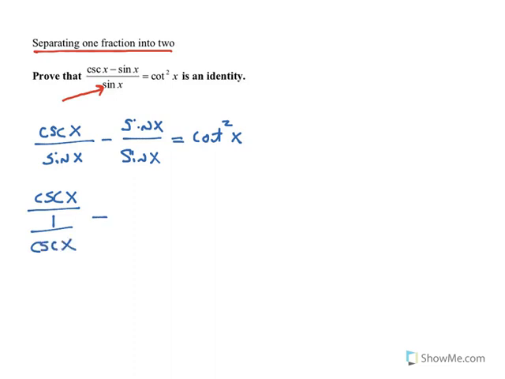Minus sine over sine, we could probably simplify that to 1, equals cotangent of x squared. And then if you have cosecant divided by 1 over cosecant, multiplied by the reciprocal, that's going to get you cosecant squared.